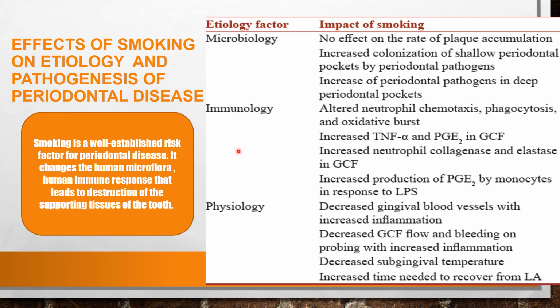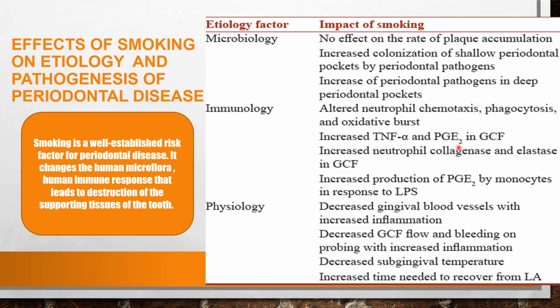Whereas in immunology, there is mainly altered neutrophil chemotaxis, phagocytosis, and oxidative burst. There is a killing of foreign bodies by oxidative or non-oxidative mechanism. So these will all be altered. The defense mechanism will be altered in case of smoking, and there will be an increased amount of tumor necrosis factor alpha and prostaglandin E2.